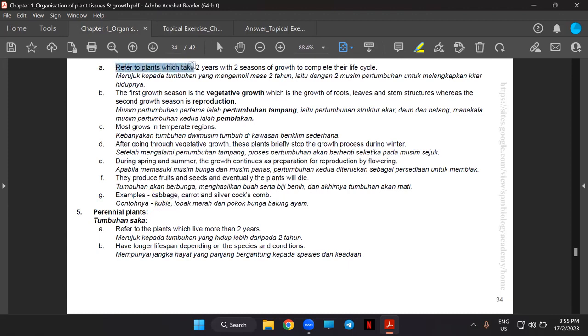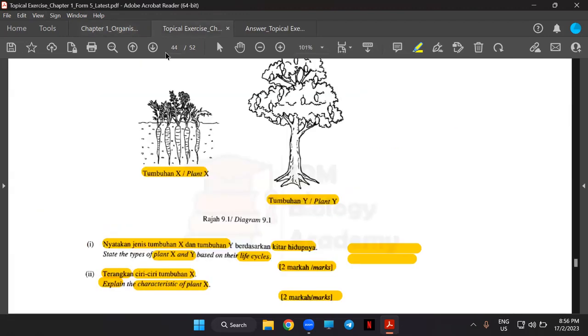Refers to plants which take 2 years with 2 seasons of growth to complete their life cycle. Merujuk kepada tumbuhan yang mengambil masa 2 tahun, iaitu dengan 2 musim pertumbuhan untuk melengkapkan kitar hidupnya. You get 1 mark. Markah yang pertama.